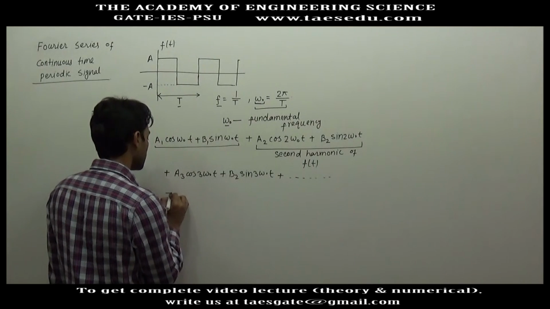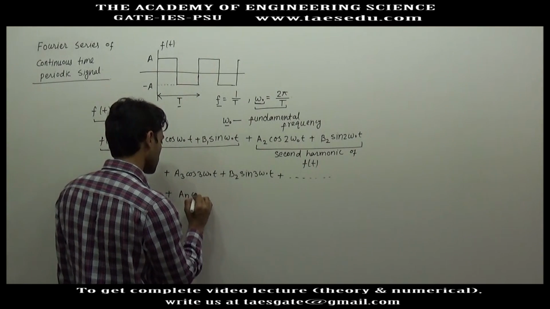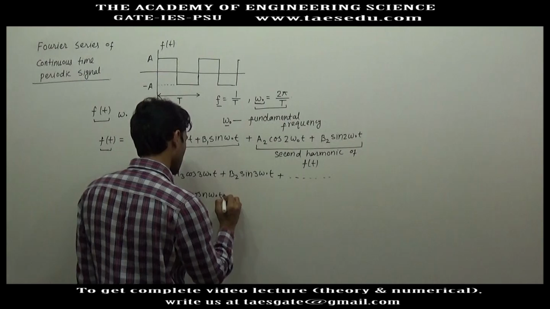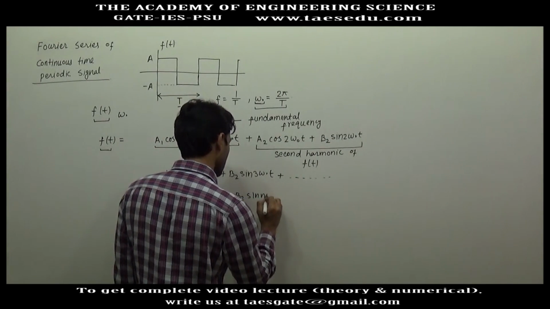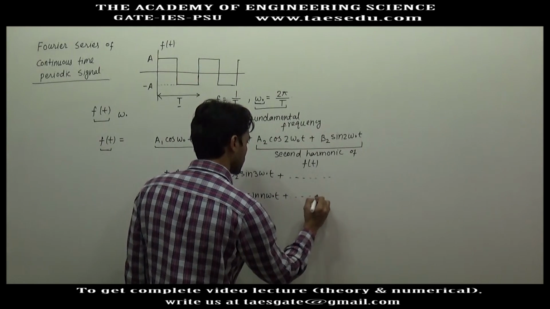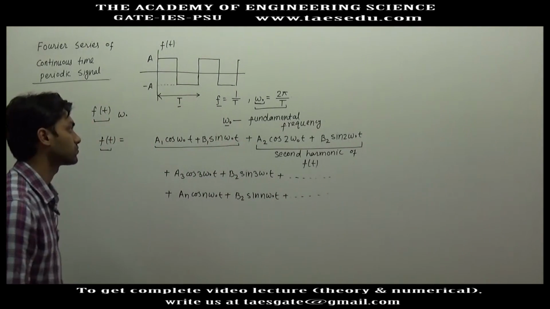The nth term will be an cos n omega naught t plus bn sin n omega naught t, and this way it will go to infinity.